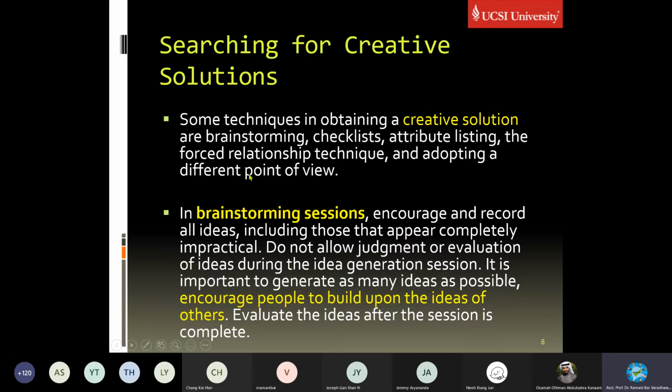And adapting a different point of view. When you do that, you may not end up with any type of solution, but adapting a different point of view has a very good meaning in it. You can have different cases, different methods, different approaches to solve. Finally, you decide whichever is feasible and suitable for that particular solution.